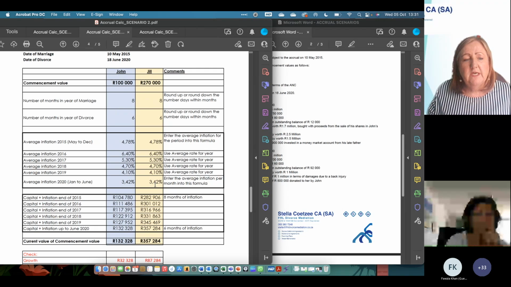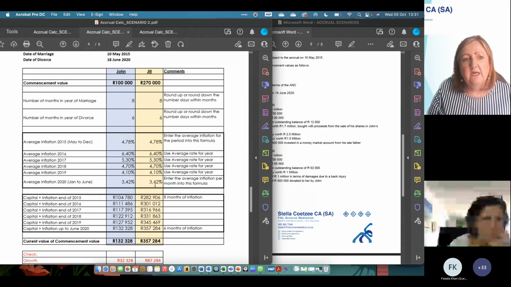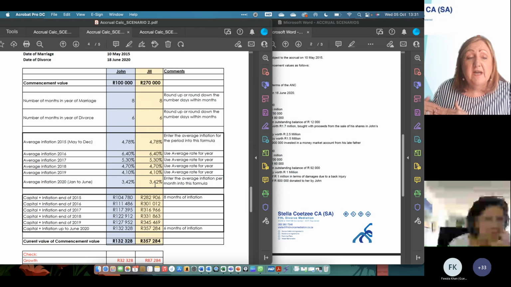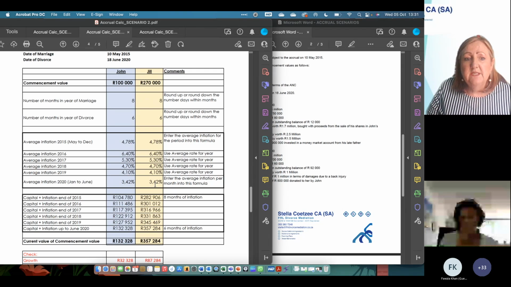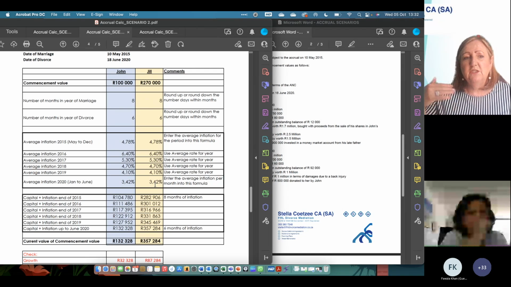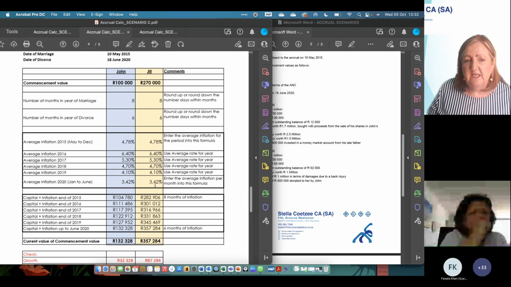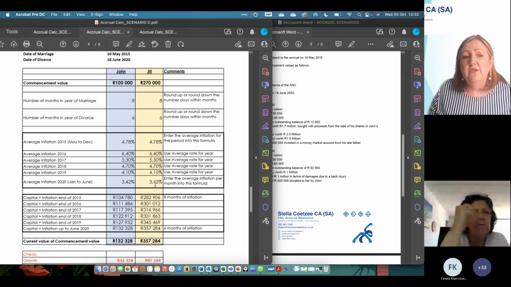So 5 years ago, the value of whatever, whether it was cash or an asset, would be totally different from what that same asset is 5 years later. In terms of money, money loses its value. So in 2015, if something cost him 100,000, it's going to cost a lot more 5 years later.